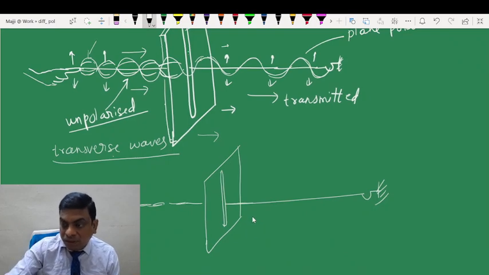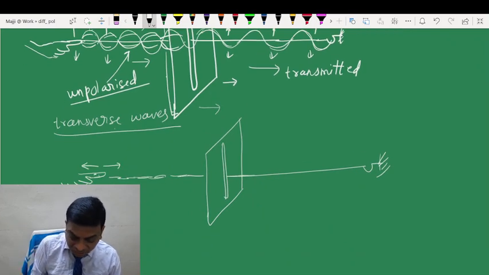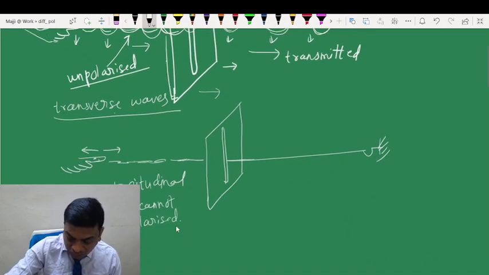In other words, there is no polarization here. Okay, so longitudinal waves cannot be polarized.